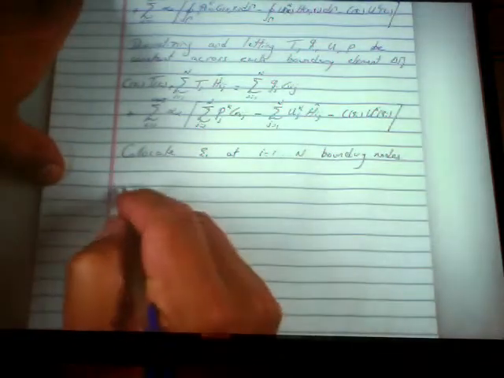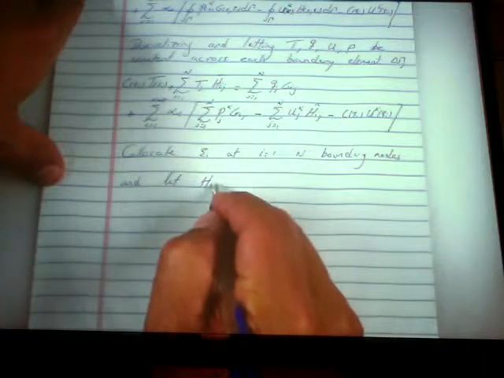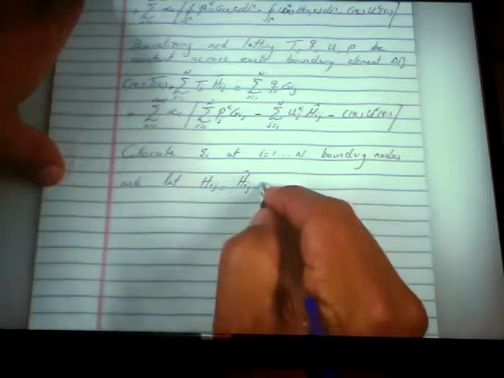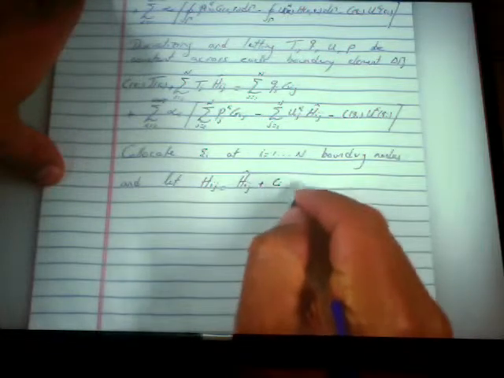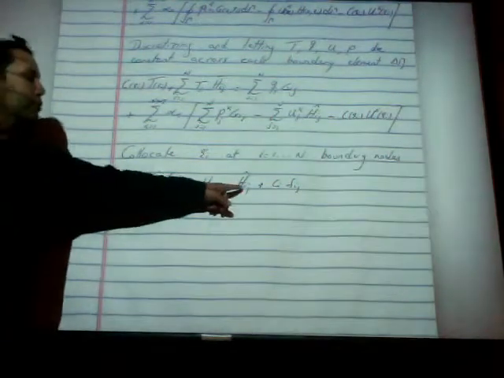And let hij be equal to hij plus ci times delta ij, and that's not the direct delta function, it's the Kronecker delta, basically adding ci to all the diagonals of hij will make hij.